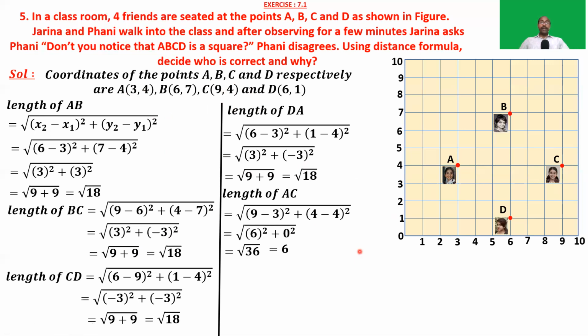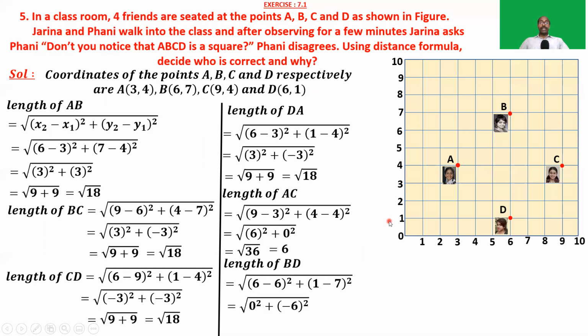And now the length of BD. The length of BD is equal to under root (6 minus 6) whole square plus (1 minus 7) whole square. That is root 0 plus 36, which is equal to 6. So we get that the lengths of the diagonals are also equal.